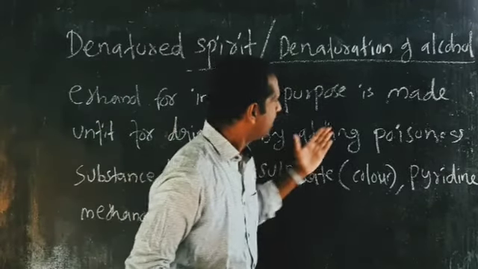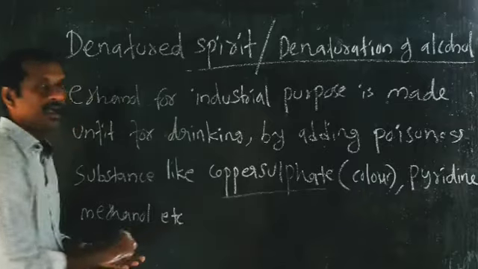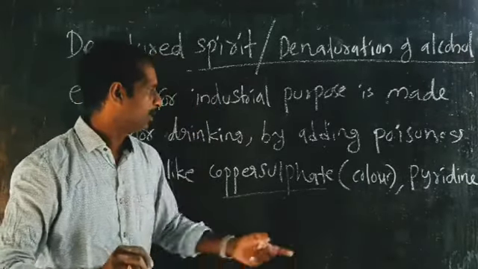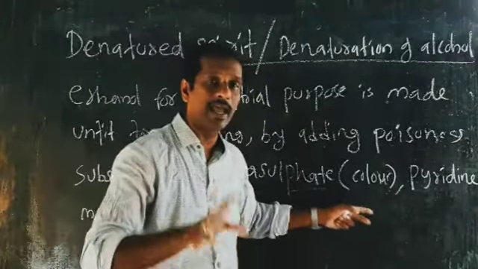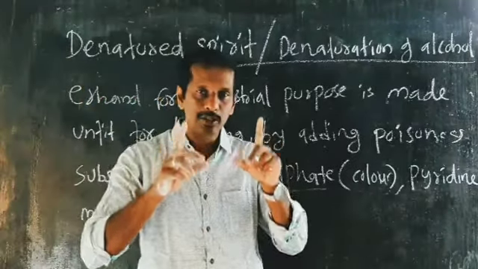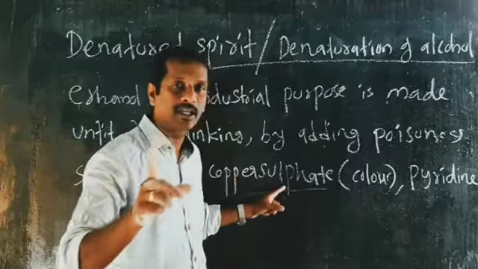By adding poisonous substances like copper sulfate. When copper sulfate is added to industrial ethanol, the ethanol will have a pale green color. If the alcohol has a pale green color, you must know that this alcohol is denatured with copper sulfate.